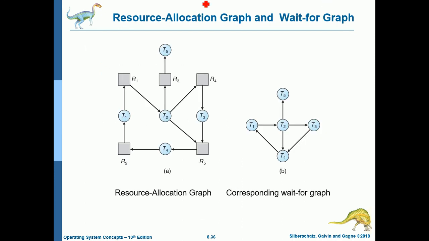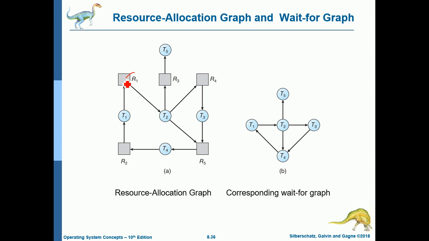Okay, so this is the comparison between a resource allocation graph and the wait-for graph. So this is the resource allocation graph. So we have the resources. So the only difference for the wait-for graph is you have to remove the resources and redirect the arrows. So for example, T sub 1 needs a resource R sub 1 that is held by T sub 2.